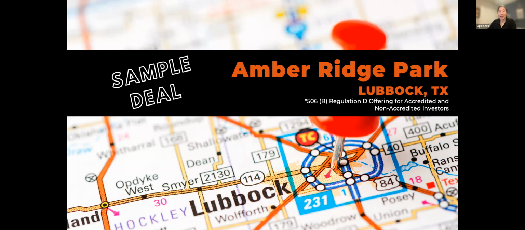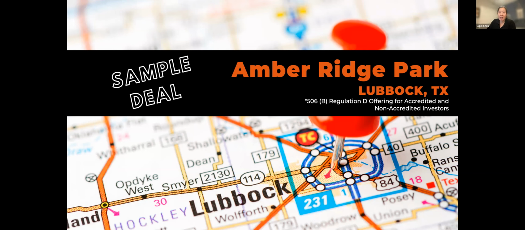We cannot do advertising, we cannot share this in a public forum. So in order to gain insight, you have to have a pre-existing relationship with the sponsor. That's how you get informed on the deals coming. So this is 506(b).